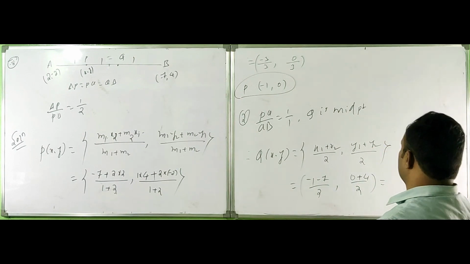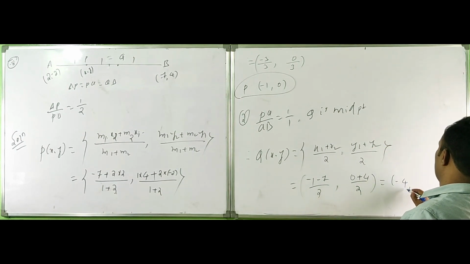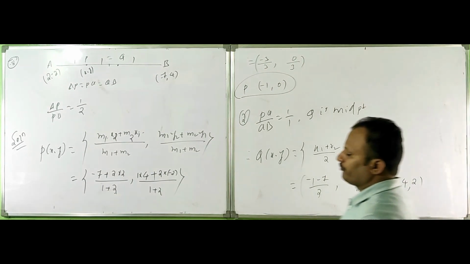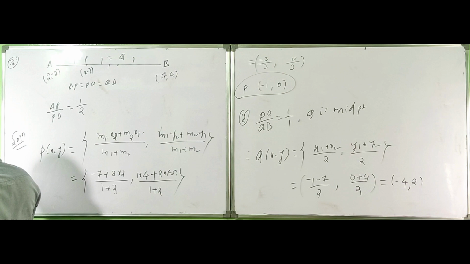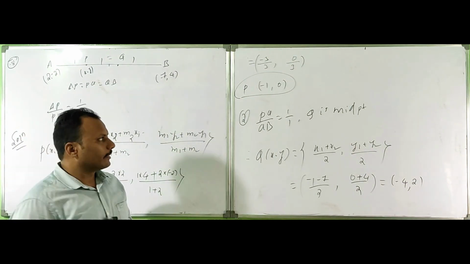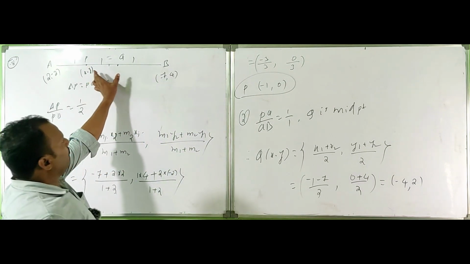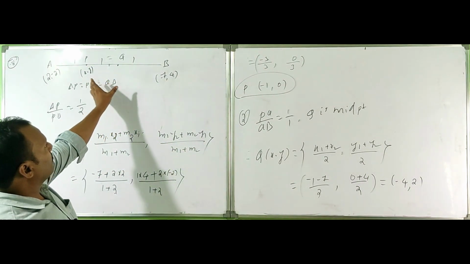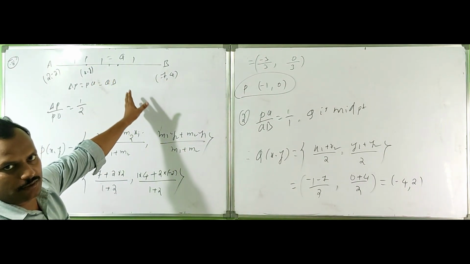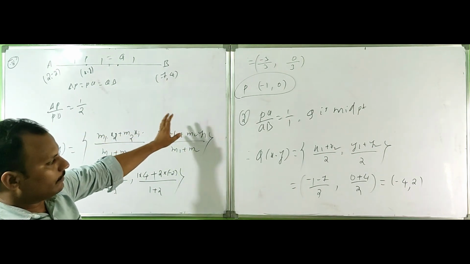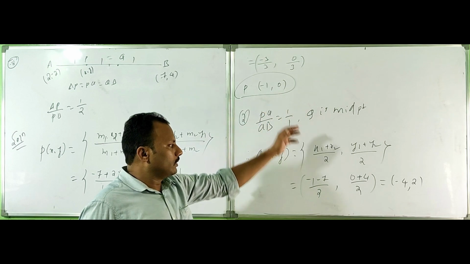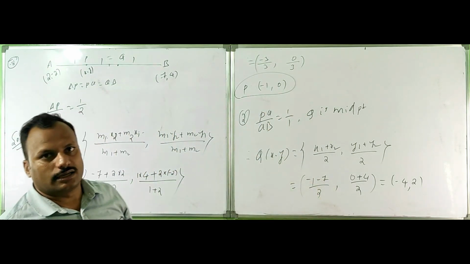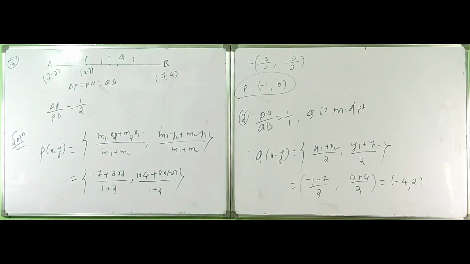This is equal to minus 8 by 2, which means minus 4, and 2. So Q is (minus 4, 2). If you got it, PB becomes a line and Q becomes the exact midpoint, so apply the midpoint formula and put in the corresponding values.